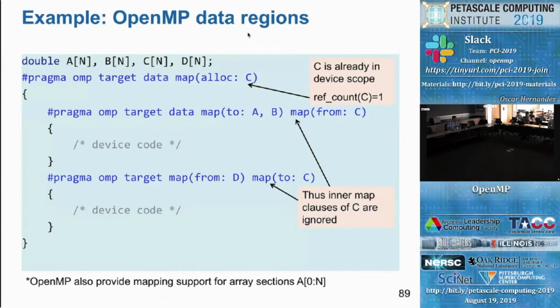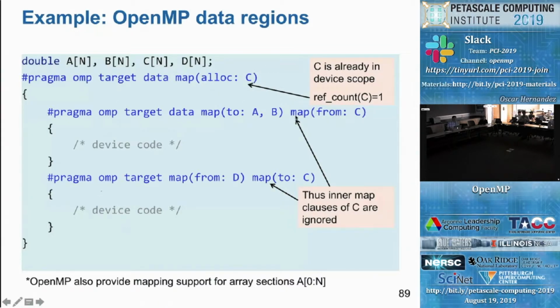So for example, in this case, we have a target data where we're looking at the environment and we're mapping one variable, but then we're nesting target data directives, and we can see that we're also mapping the variable C here. But in this case, as soon as we do this first map, the reference count of C is going to become 1.